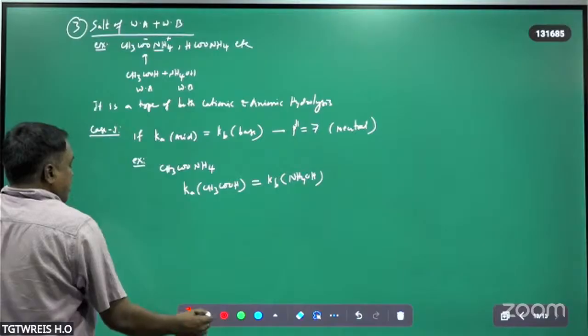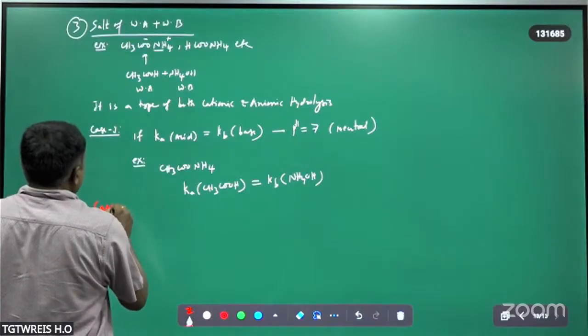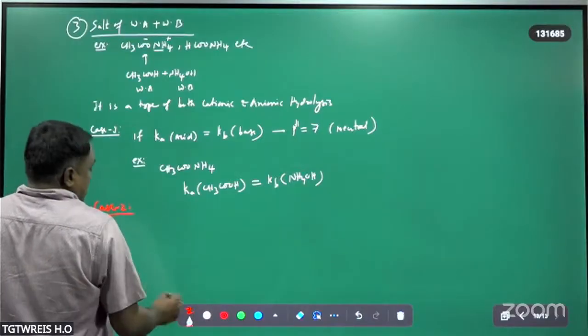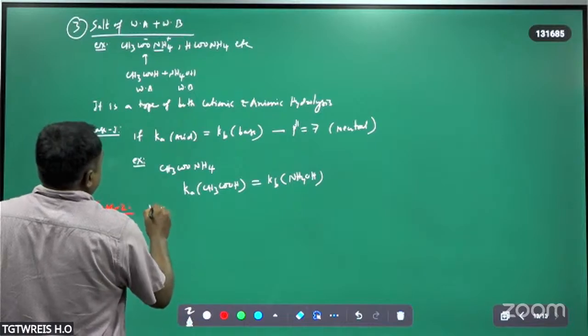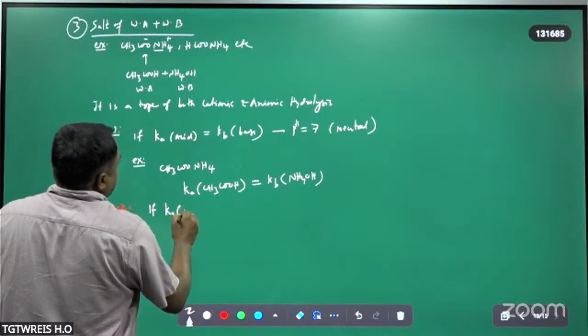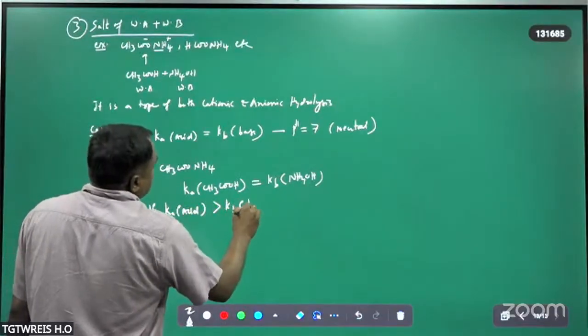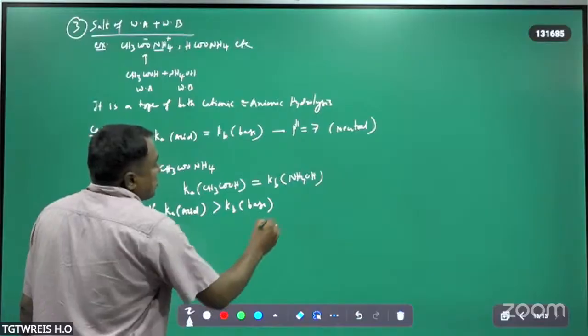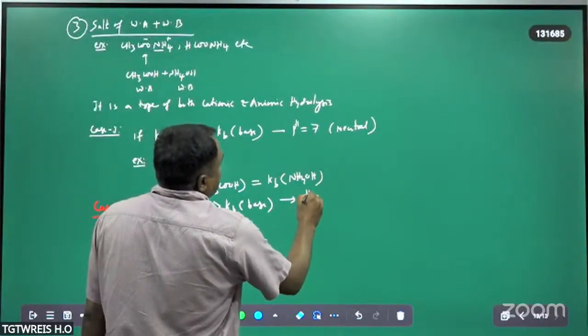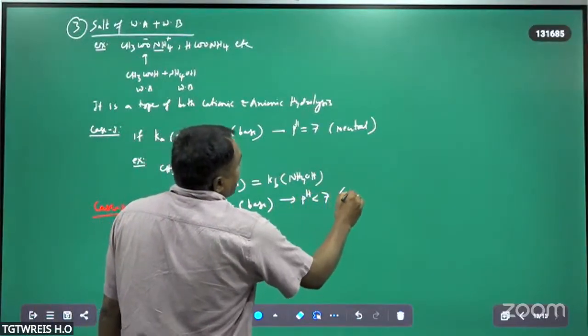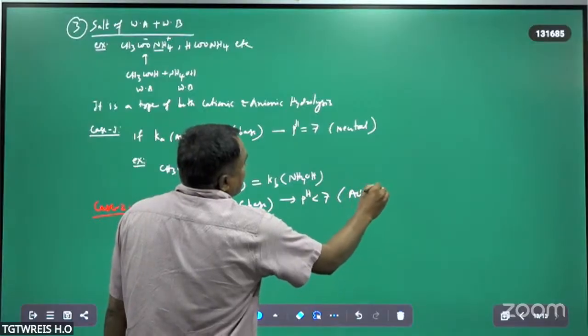Case 2: if Ka of the acid is greater than Kb of the base, the pH is less than 7 and the solution is acidic in nature.